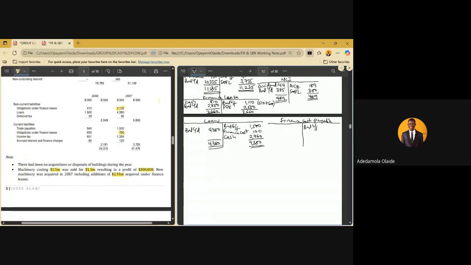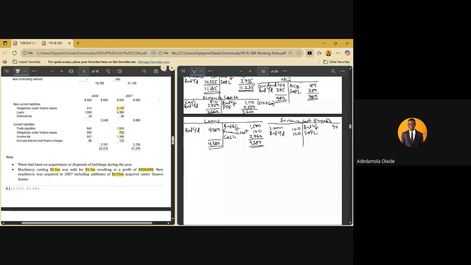Balance brought forward 90. Balance carried down 120. Then that one we are bringing from the loan, 120.